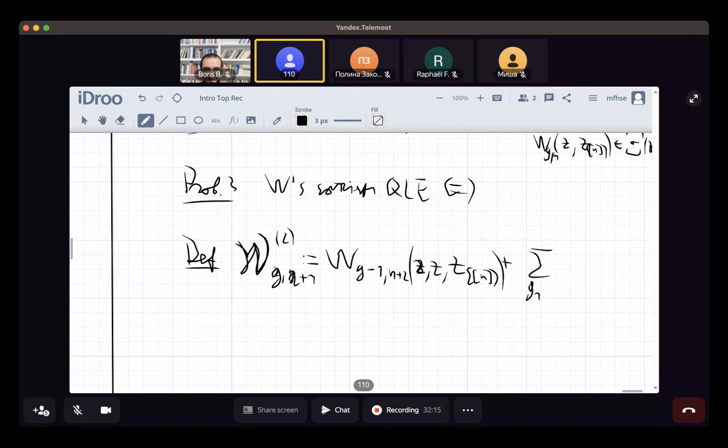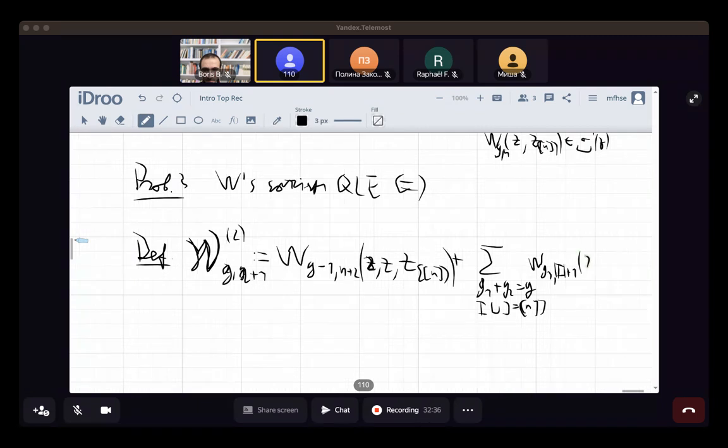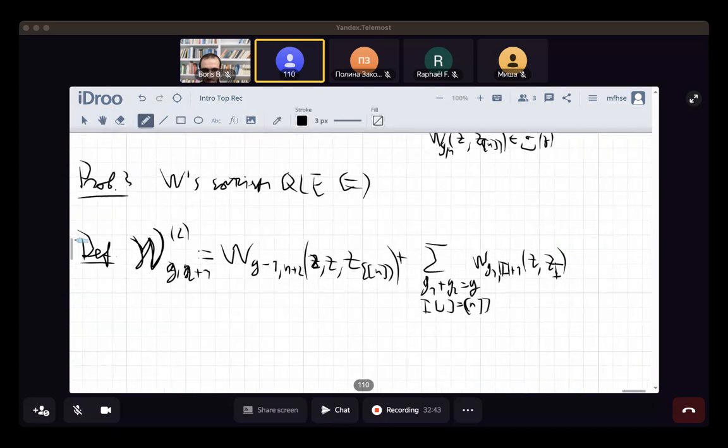plus sum over g1 plus g2 equal g, j equals n, W g1, n1 plus 1 of Z times W g2, n2 plus 1 of Z. Okay, it is the same expression as in the quadratic equation, just that instead of sigma of Z, I just have Z everywhere.